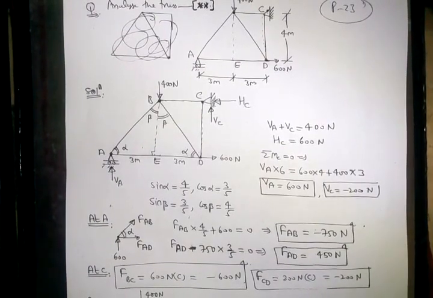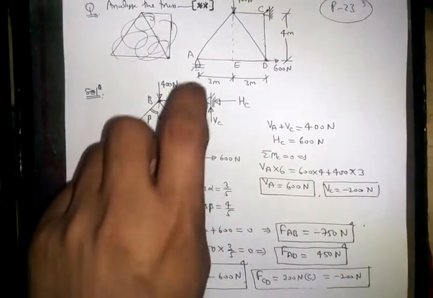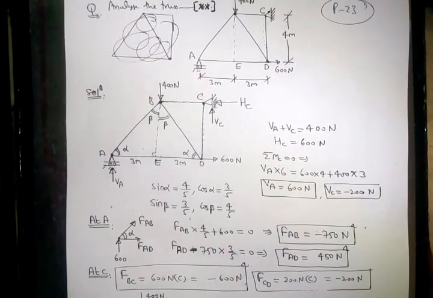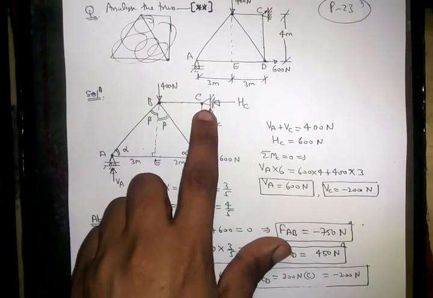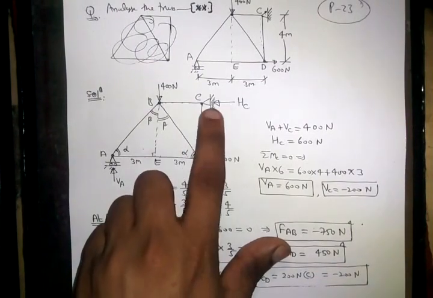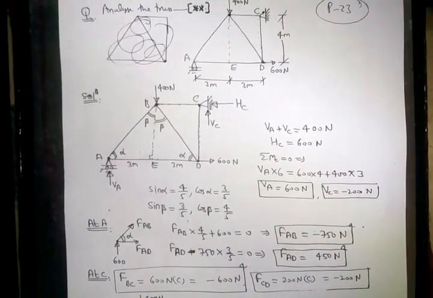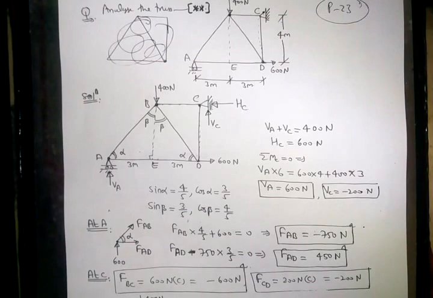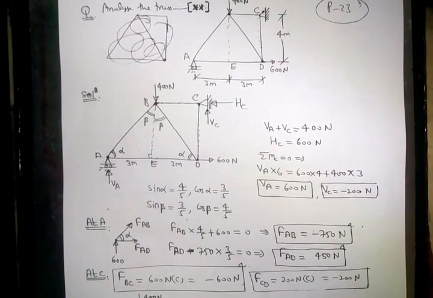There is no direct observation. Yes, we can take observation at joint C. At joint C, force in BC will be equal to HC. So force in BC, HC is plus 600.